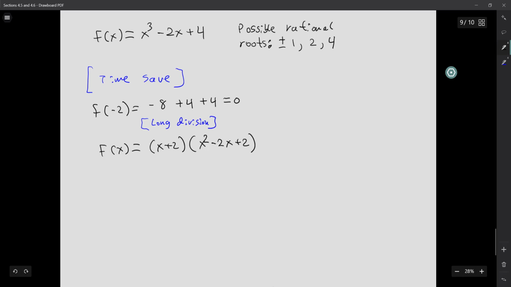But we want to keep going. We have all of the real roots now, but we also want the complex roots. We're assuming that we're going to get complex roots out of this.